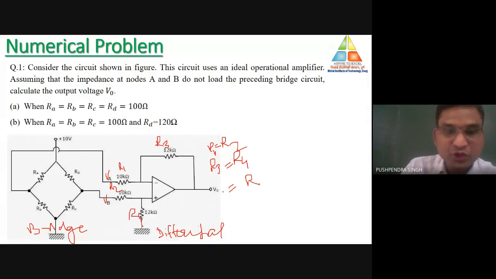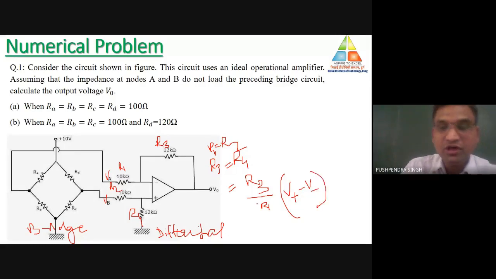the output produced by the differential amplifier is equal to R3 divided by R1 multiplied by the positive terminal voltage minus the negative terminal voltage, or the non-inverting terminal input minus the inverting terminal input. So it is VB, the non-inverting terminal voltage, minus VA, the inverting terminal voltage.